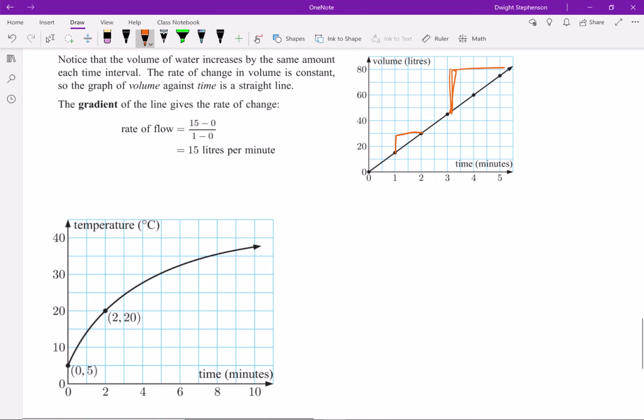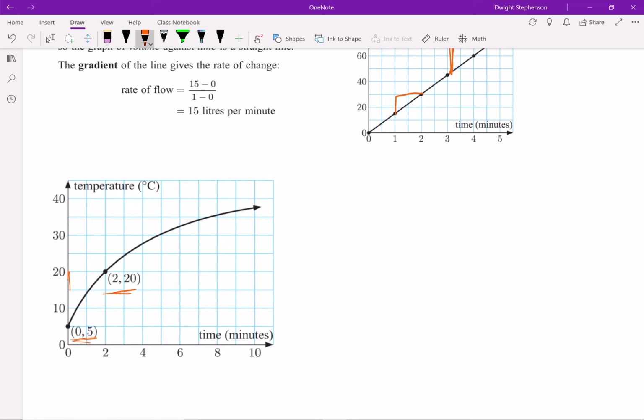However, in most real life situations, we don't have a straight line, right? So you might ask, what's the rate of change between the temperature at 0 minutes and the temperature at 2 minutes? Basically you're looking for this slope, the change in y over the change in x. So think about how I would get that. What is this change in y and what is this change in x? Let's define that.